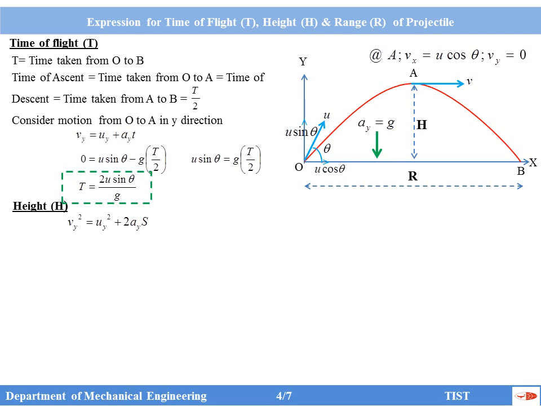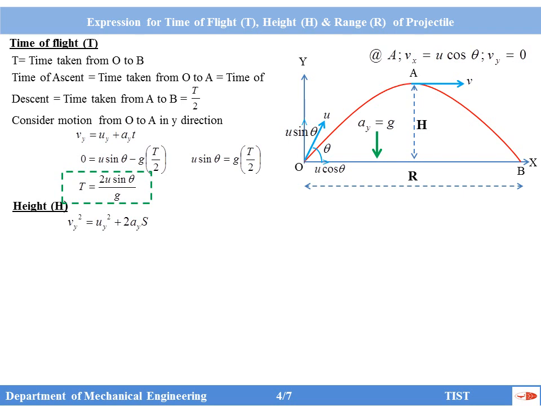How much did the projectile move from O to A in y direction? That is actually H, right? If you look at the motion from O to A, the displacement of the body in y direction is capital H. What will be the displacement in x direction? Which will be R by 2.